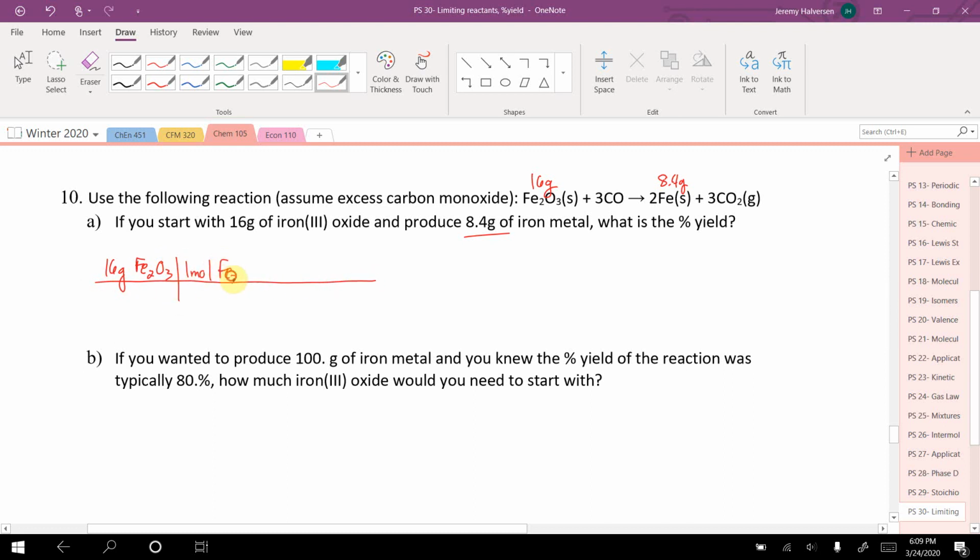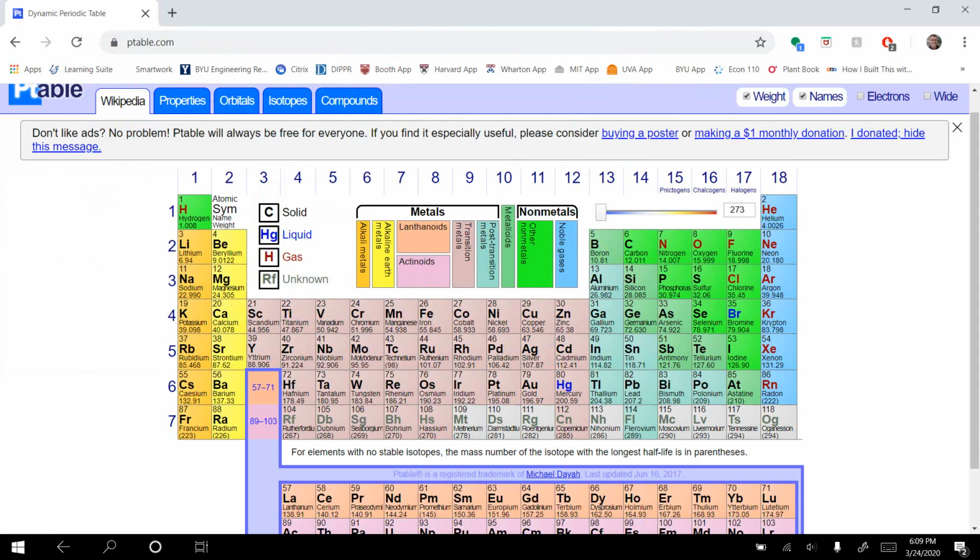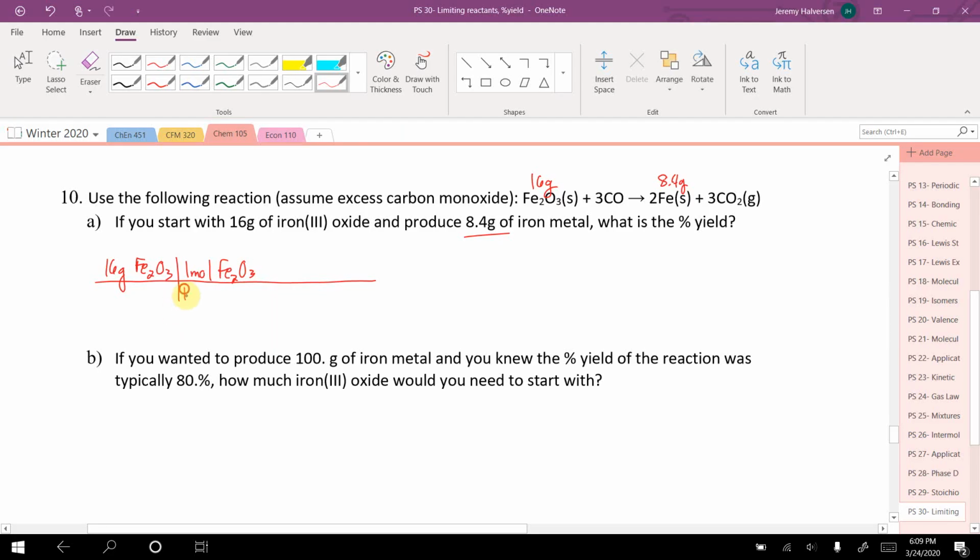Now I get to moles to use the equation. Molar mass of iron 3 oxide. Fe is 55.85 plus 3 oxygens gives me 159.7. The reaction tells me that 1 mole of Fe2O3 makes 2 moles of Fe.